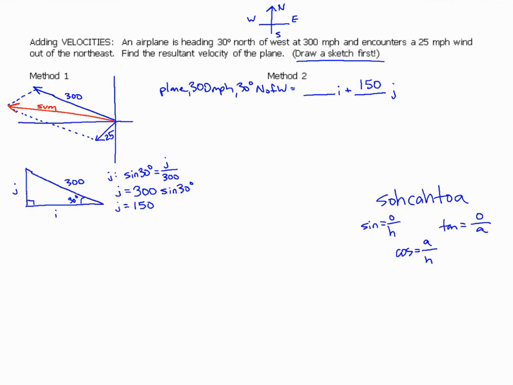The horizontal component, we're going to use the same triangle. So for I, here's our angle, here's our hypotenuse. This is the adjacent side. So we have a hypotenuse and adjacent, we're going to use cosine.